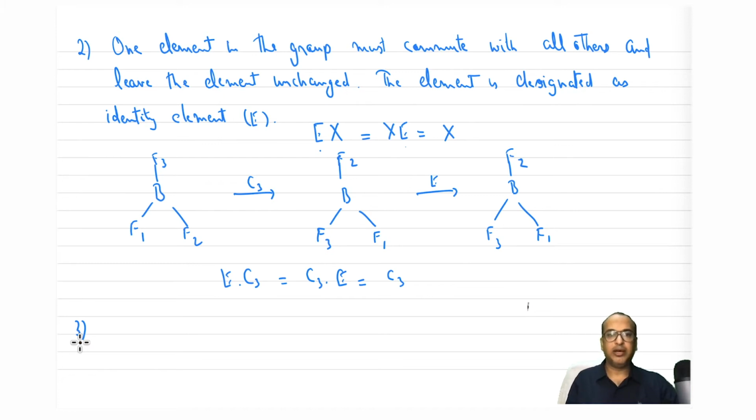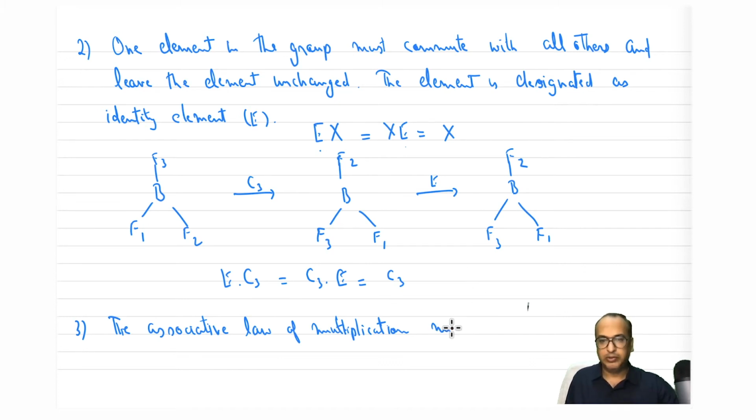So symmetry operations do follow the two properties. Now let's say the third property. So third is the associative law of multiplication, which in this case is called combination, because you cannot really multiply the symmetry operations, you can combine them, must hold, right?